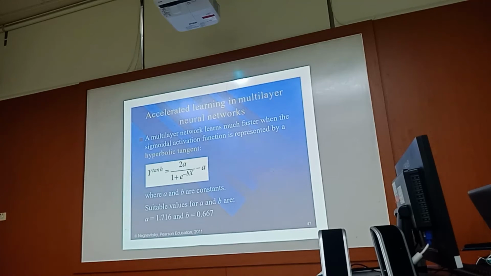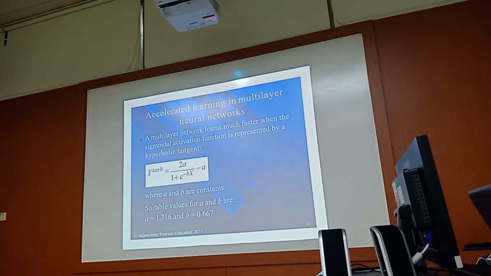Another topic is how to estimate the learning in a multi-layer neural network. For the learning, maybe we can use some function. He said a multi-layer neural network learns much faster when the sigmoid activation function is replaced by a hyperbolic tangent.